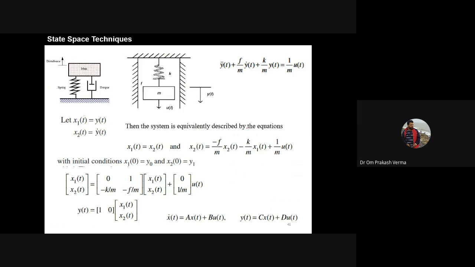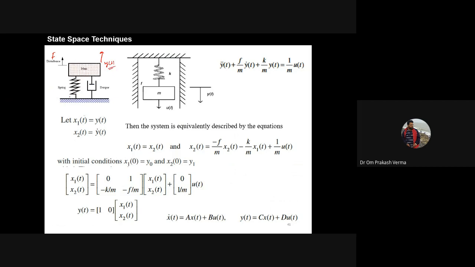This is a very classical example of the state space. This is a mass, damper and spring problem where some force is exerted, and based on this force, some displacement y is taking place.